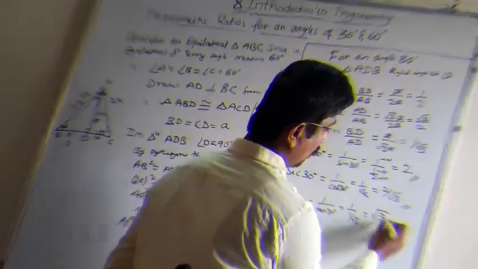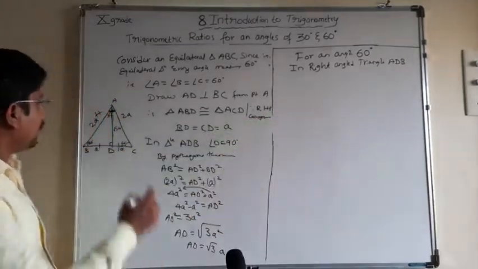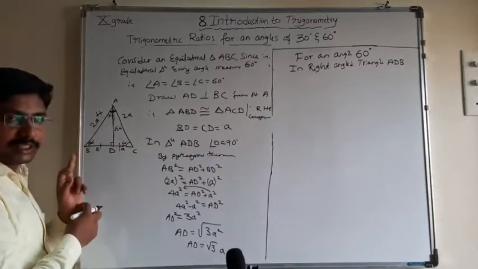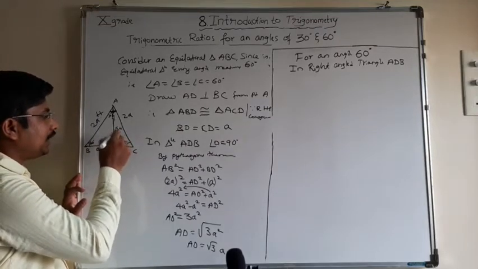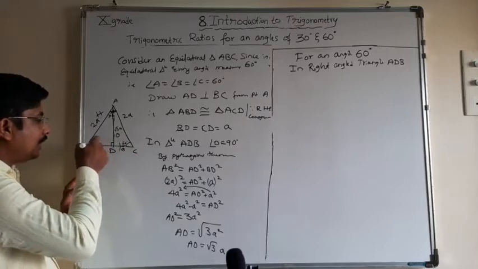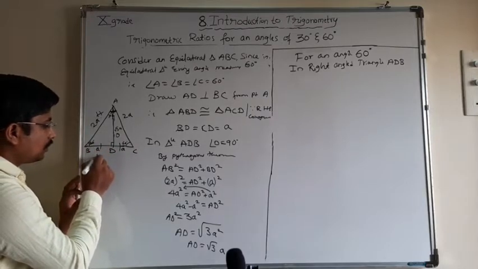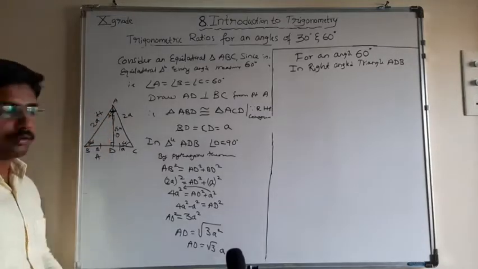Dear students, now for an angle of 60 degrees in right angle triangle ADB, angle B is equal to 60 degrees. Its opposite side is root 3 a, the adjacent side or base is BD, and the hypotenuse is AB.